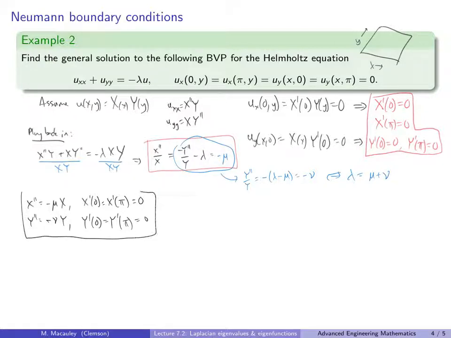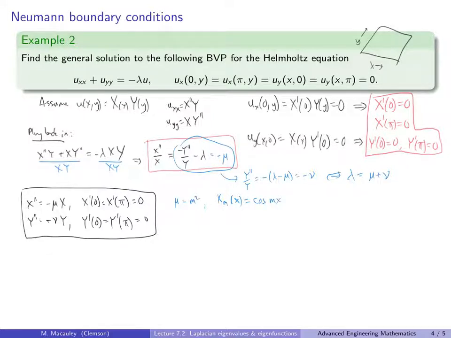And we know how to solve these things. We know, first of all, that mu equals m squared, and for each m we have a solution, an eigenfunction, which is xm of x equals cosine of mx.